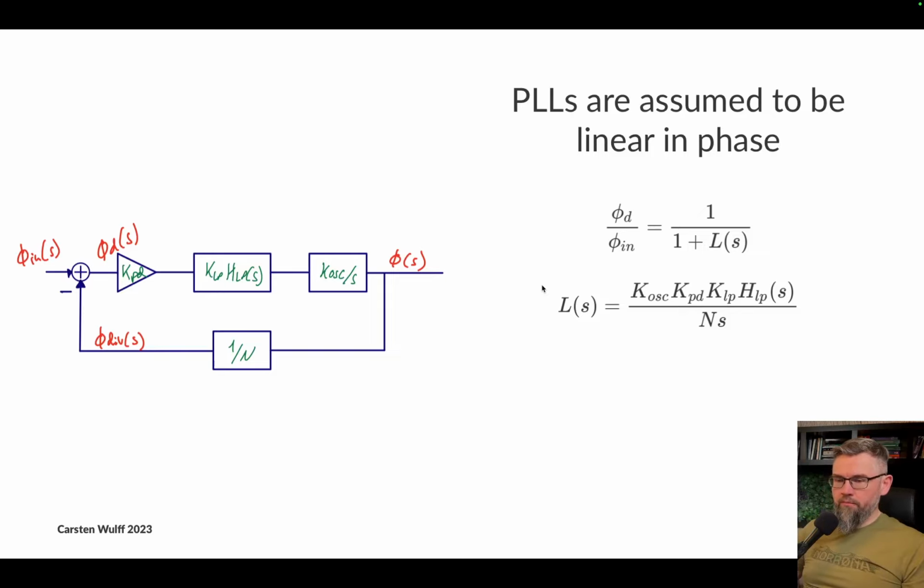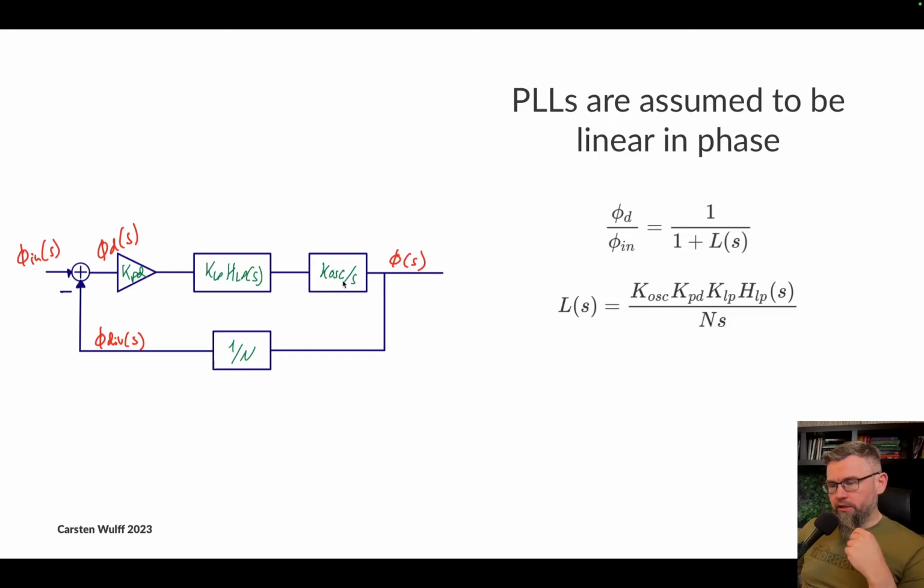There's a rule of thumb that says that your reference frequency coming in here, let's assume 16 megahertz, needs to be maybe 10 times higher than the pole or the bandwidth of the loop filter. I think that's roughly the approximation. But if we assume that those things apply, then we can create a linear model.